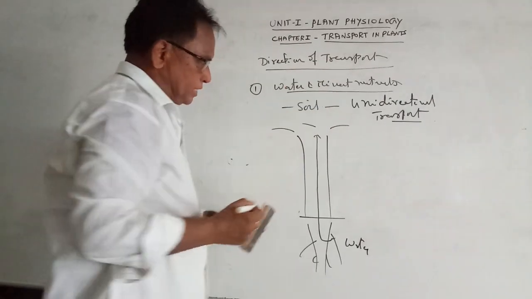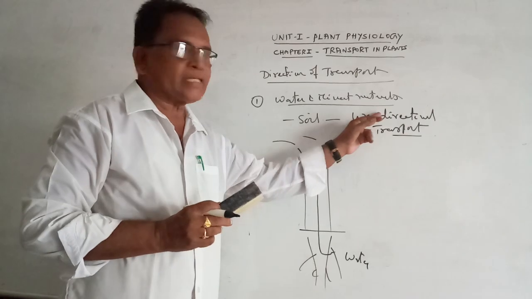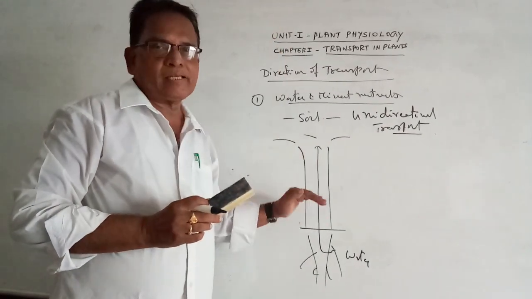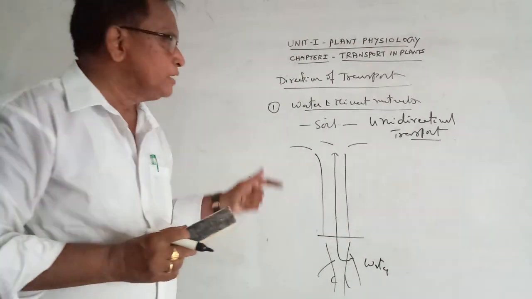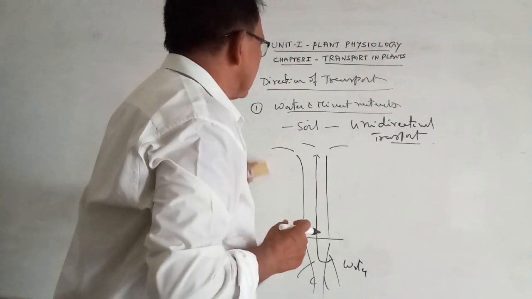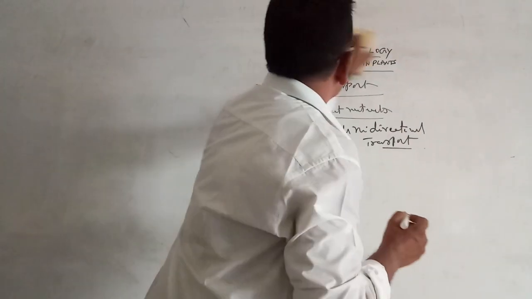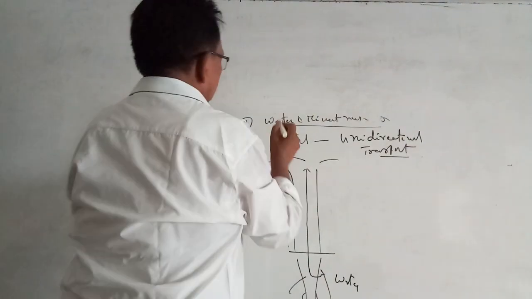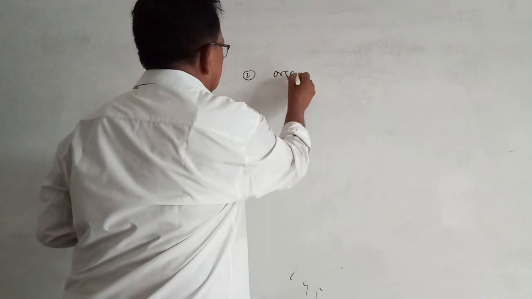Water is transported in an upward direction. Water always moves from the soil to the tip of the tree against the gravitational force. This is known as unidirectional transport. And the second thing is organic nutrients.